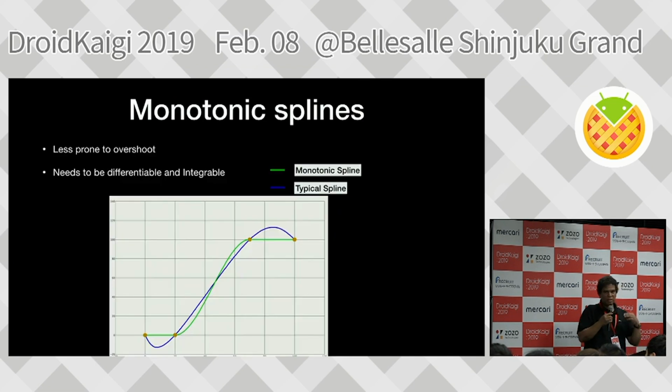Now, all of the properties that are being interpolated in the entire motion layout use monotonic splines, unless you choose linear. And monotonic splines have a very particular attribute: they tend to not overshoot. So in this particular graph, the blue curve is what a traditional spline would give you.